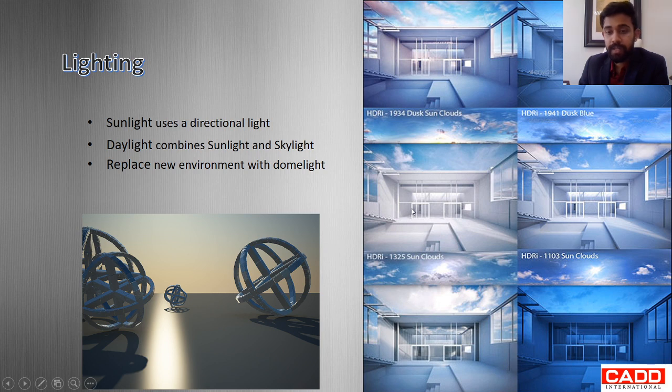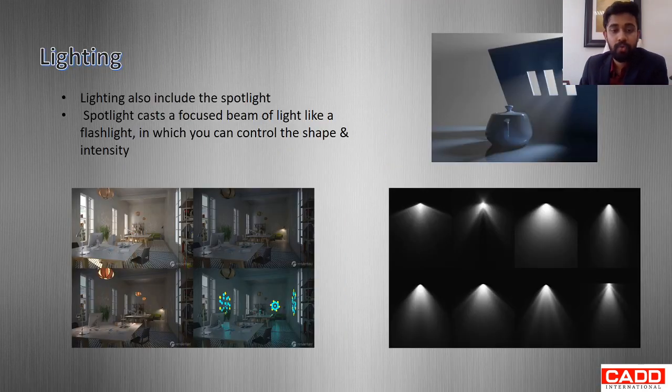Now that is all about the environmental effects with the help of the dome light, and we can also see different types of spotlight options. With the spotlight, you can see one light has been placed here and the shadow is falling out here. We also have IES light effects, which are mainly visible in interior views.